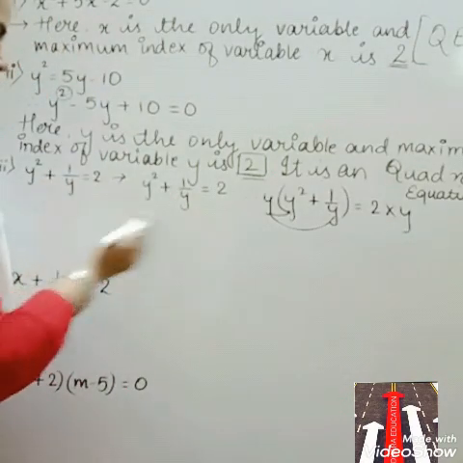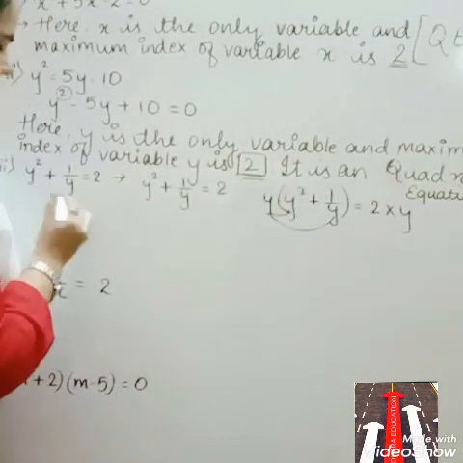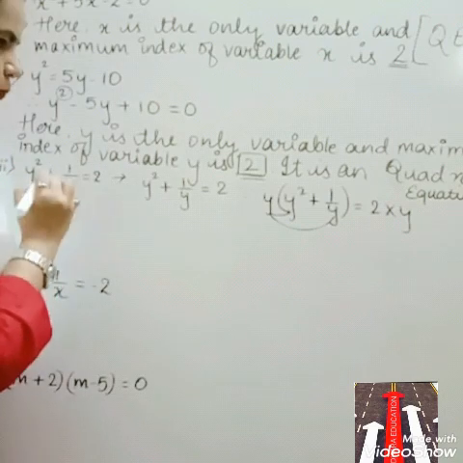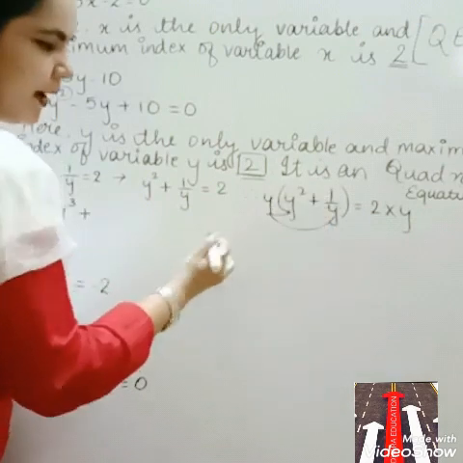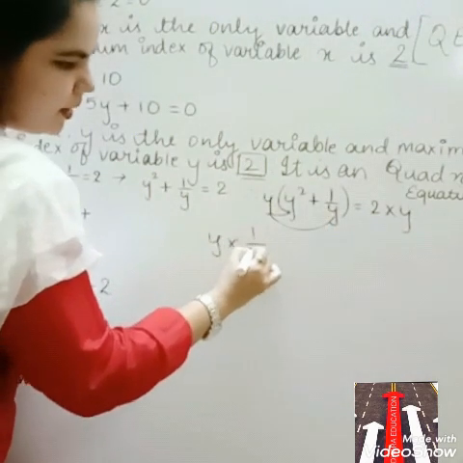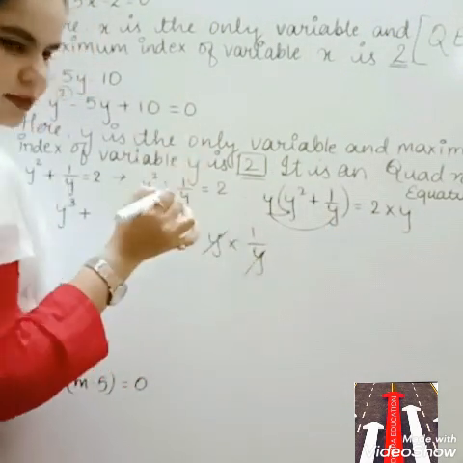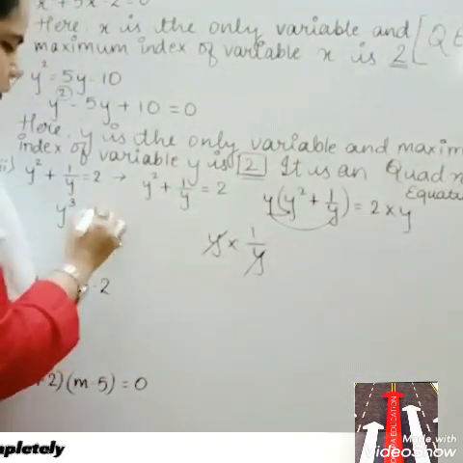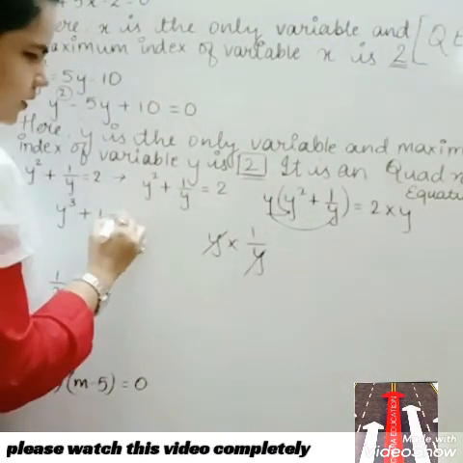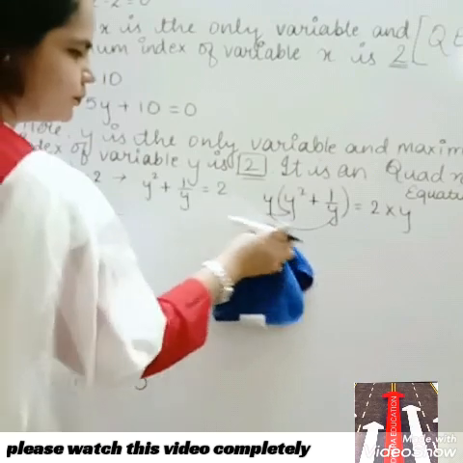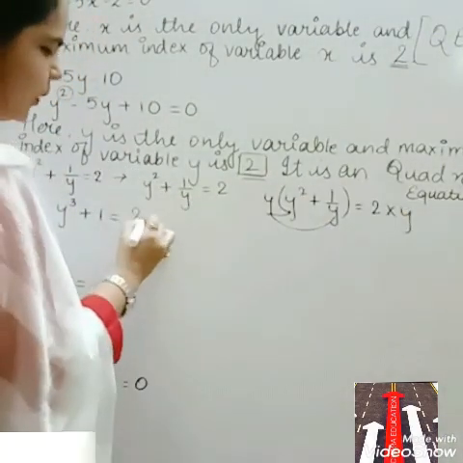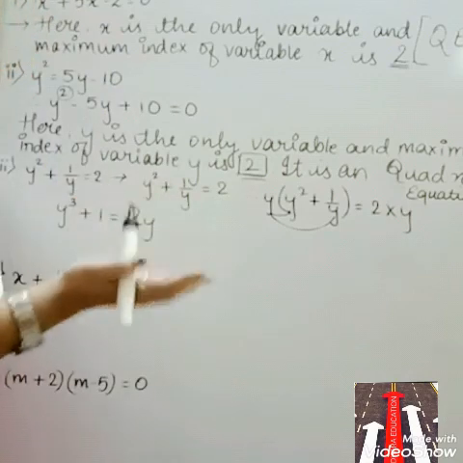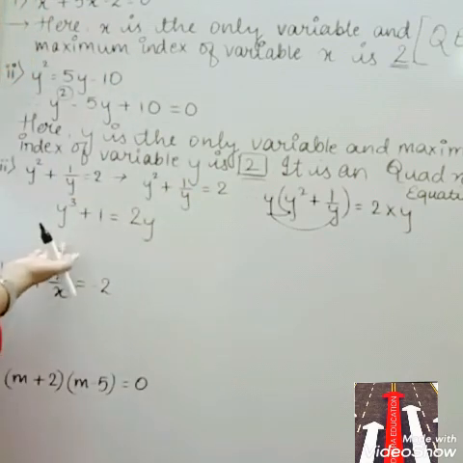I am writing y multiplied by y square gives you y cube, plus y multiplied by 1 upon y will be cut, and it will be only 1, is equals to 2 multiplied by y gives you 2y. Alright. So we have to rearrange this.